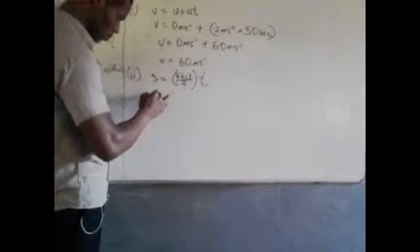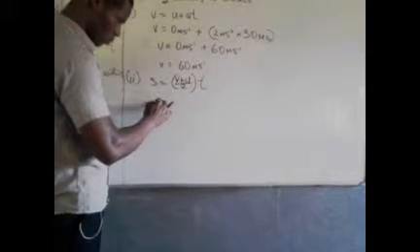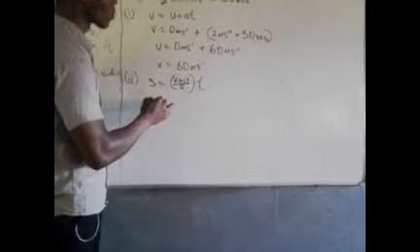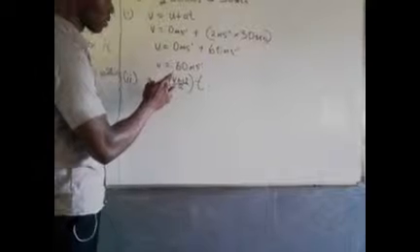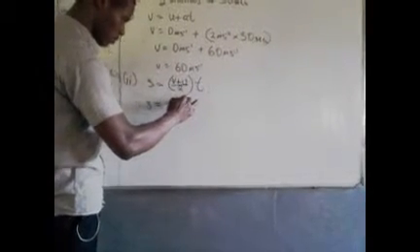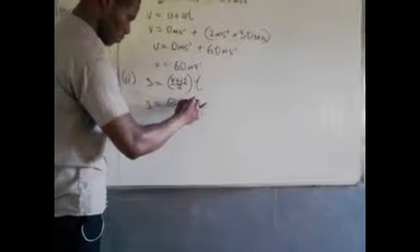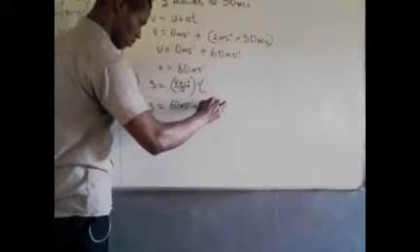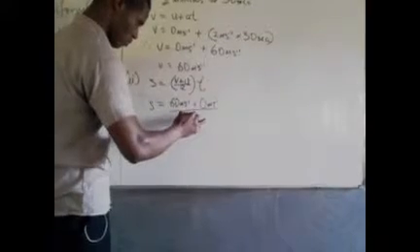Therefore, S equal to our final velocity we got from the first equation, 60 meter per second, plus our initial speed 0 meter per second, all over 2, close bracket, and after the bracket we write 30 seconds.